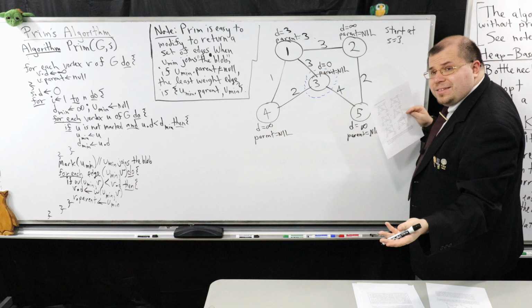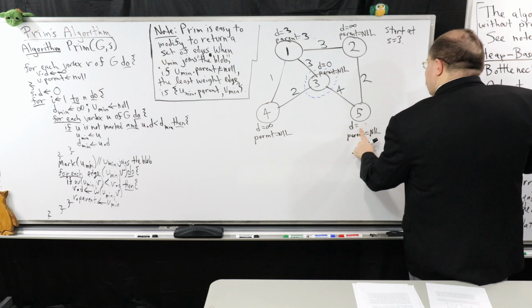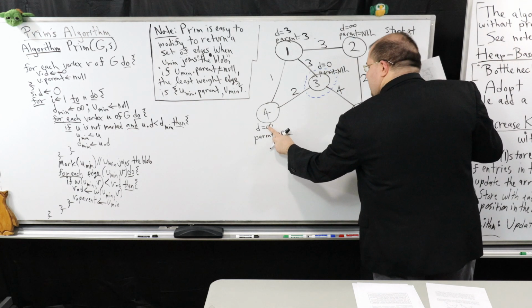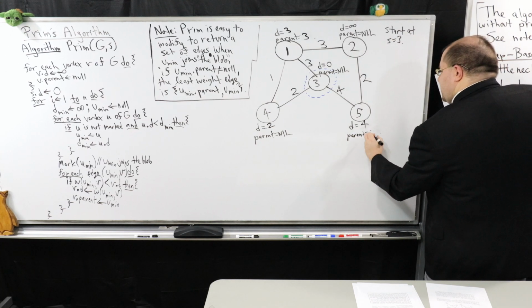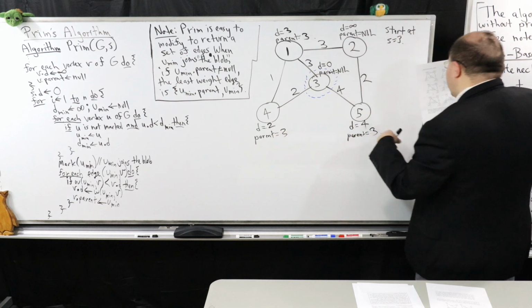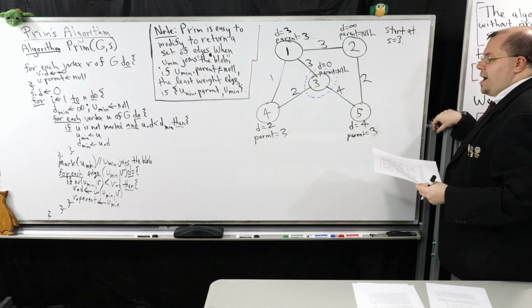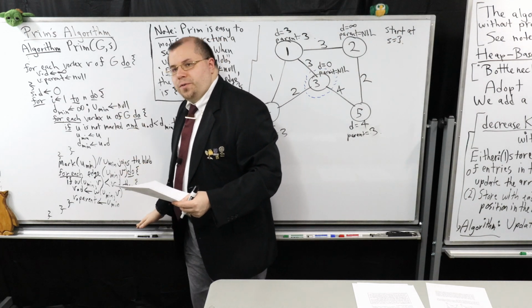Now, I don't know if it is yet or not. We will find out. And of course, I update this one because that beats infinity. And of course, 2 beats infinity as well. Let me update the parents here. So these should be 3. And that's 3 as well.